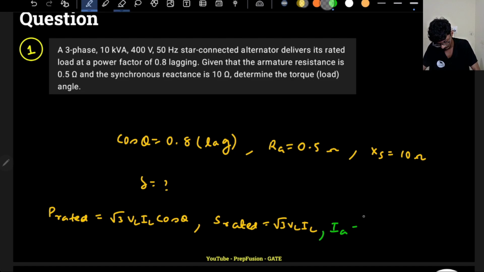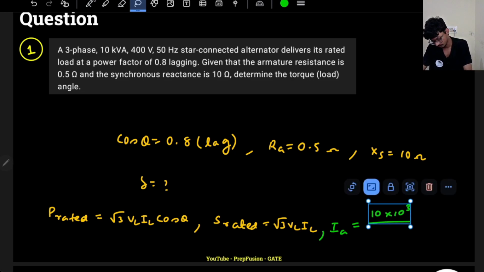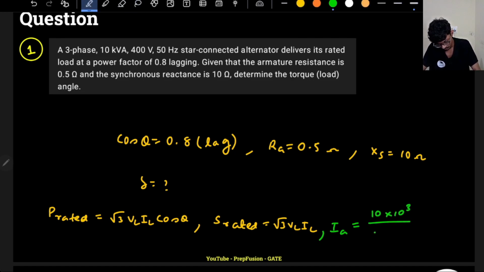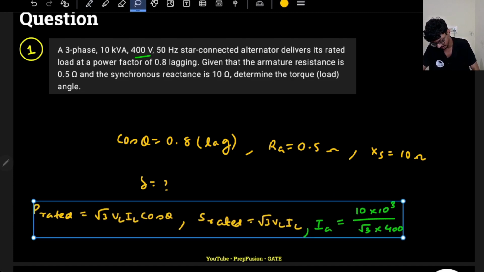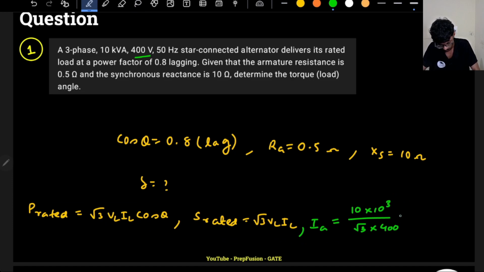IA will be equal to 10 kVA divided by root 3 into VL. VL is 400. Whenever a voltage is mentioned, you have to assume it as line voltage unless and until specified. So from here I can easily find out the full load rated current.